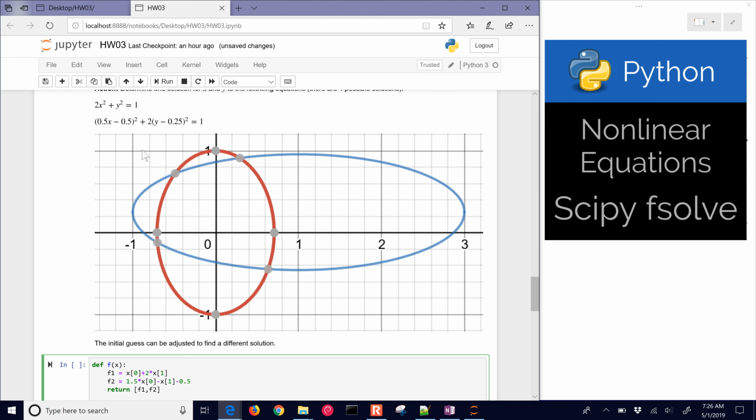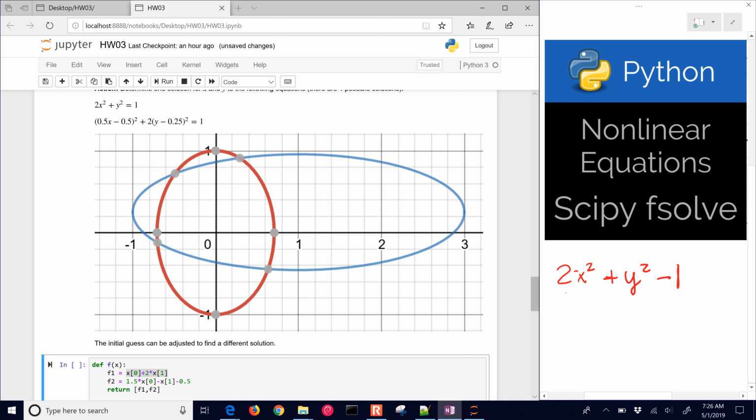Let's go ahead and modify our function values, what we return from these. I'm going to put everything onto one side of the equation. In that case, it's just going to be 2x squared plus y squared minus 1. Okay, that's going to be our first function.